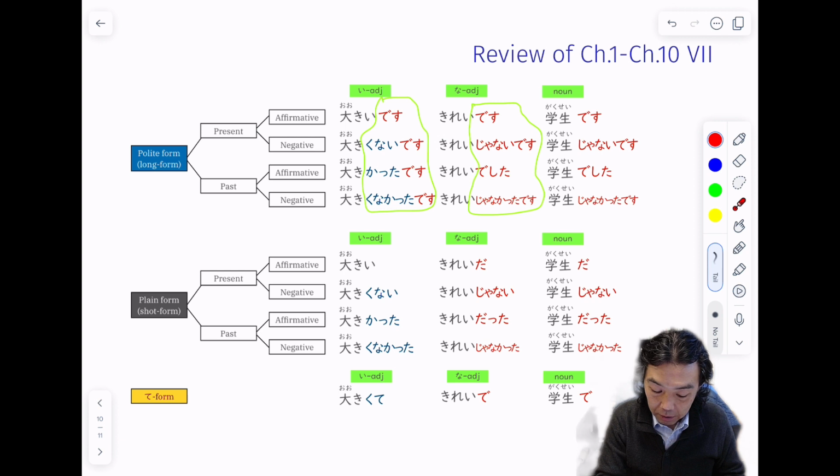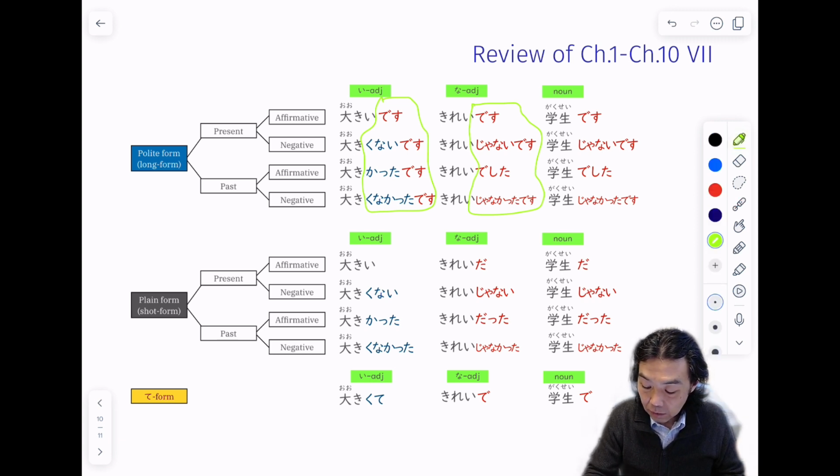And let's compare the polite form and the plain form in adjectives and nouns. In most cases, all you have to do is just remove ます.